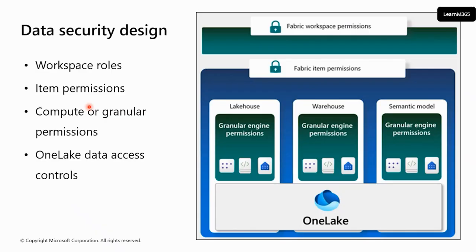So when I talk about this data security design, we have got workspace roles. What is it? These are basically the high level roles which are assigned within a Fabric workspace. Now, why does it matter? We have workspace roles like admin, member, contributor, or viewer who define who can do what at the project level.